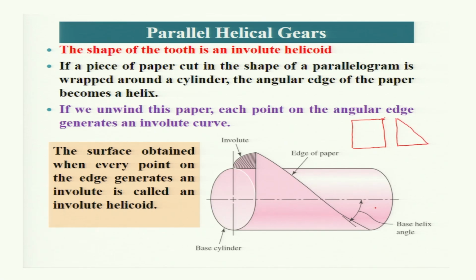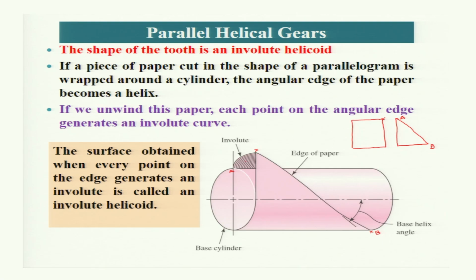Now this edge of the paper is here, and this edge of the paper is on this side, and you have wrapped it on the cylinder. This paper is wrapped on the cylinder in such a way that this edge A is initially at this point, and this edge B is at this location.